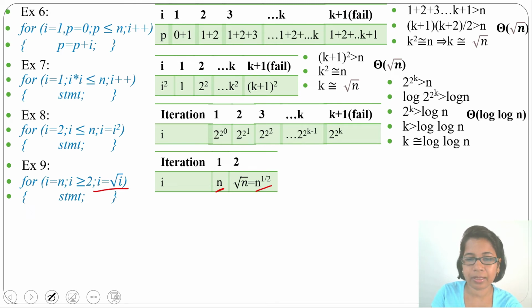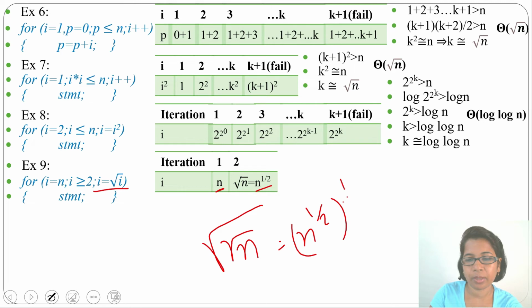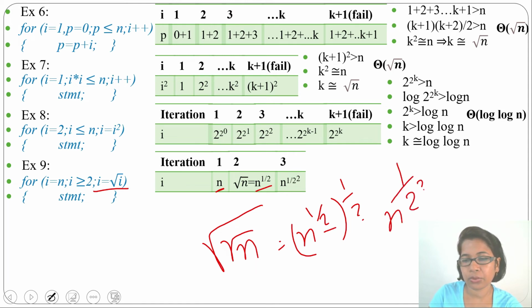Next, for the third iteration, it will be root of root n, meaning n power 1 by 2 power 1 by 2. That we can simplify as n power 1 by 2 square. So for the third iteration, i value is n power 1 by 2 square.